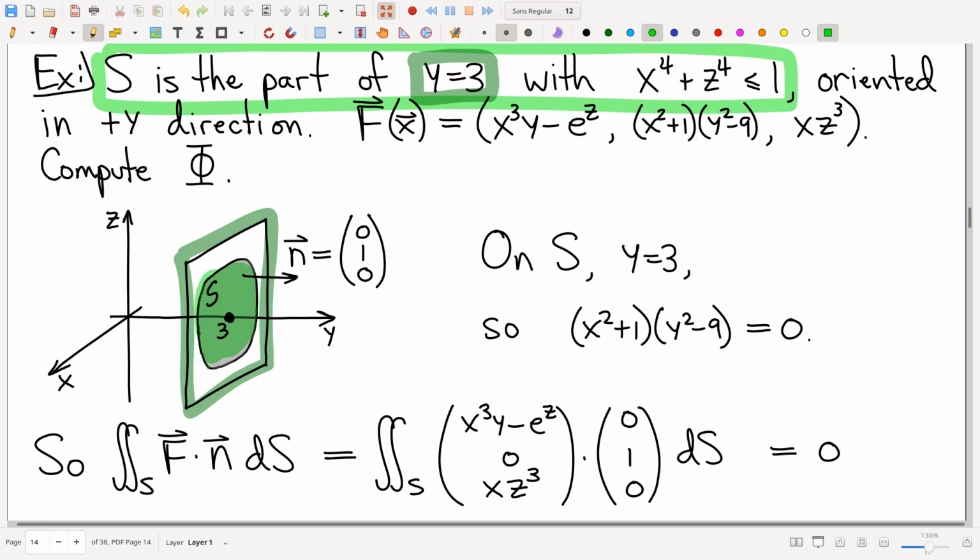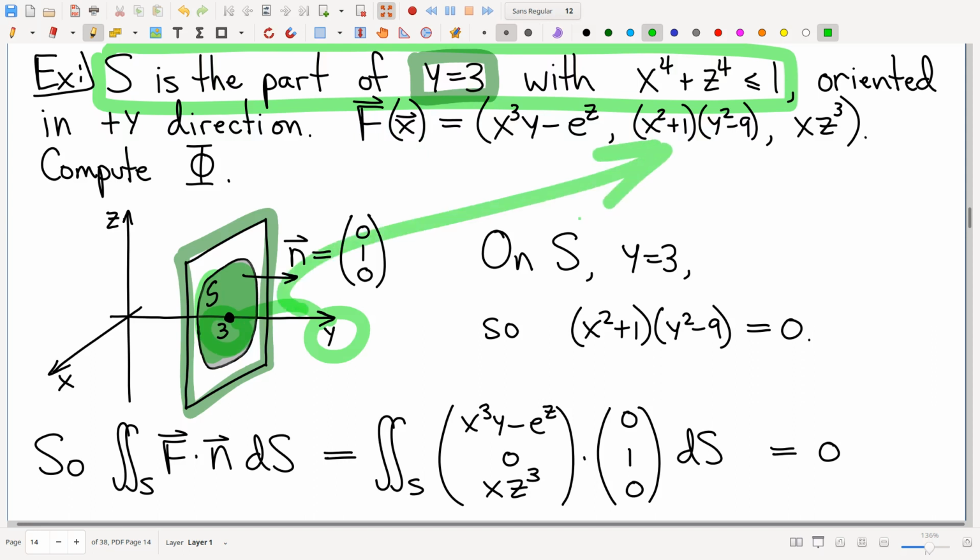So a couple of really nice things come out of this. For one thing, keeping in mind that we're interested in flux. Flux is an integral that happens on the surface. And since the surface is entirely within this plane where y is always 3, that means that I can just plug that in, right? I literally have y equals 3.